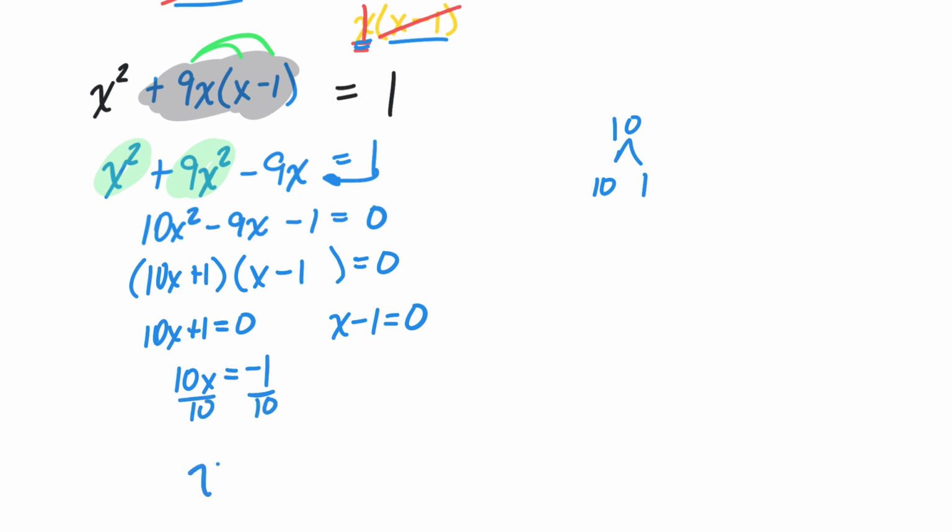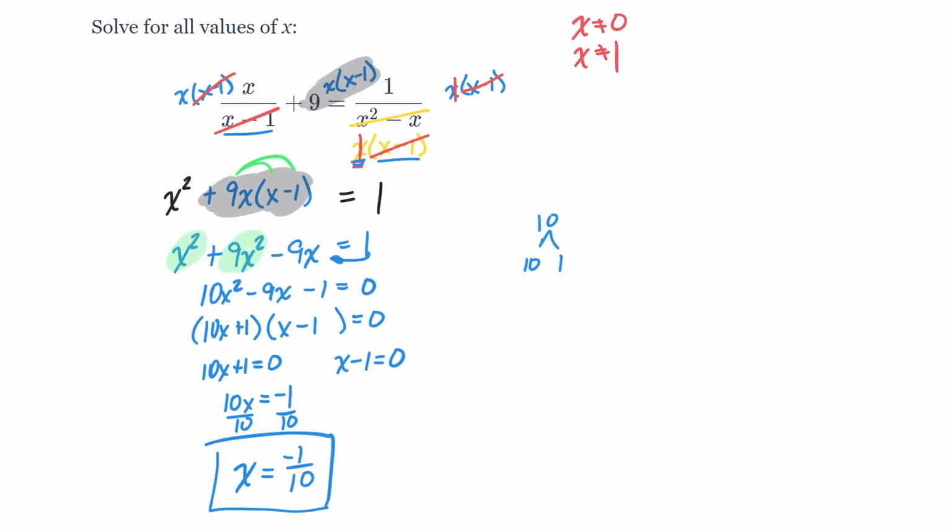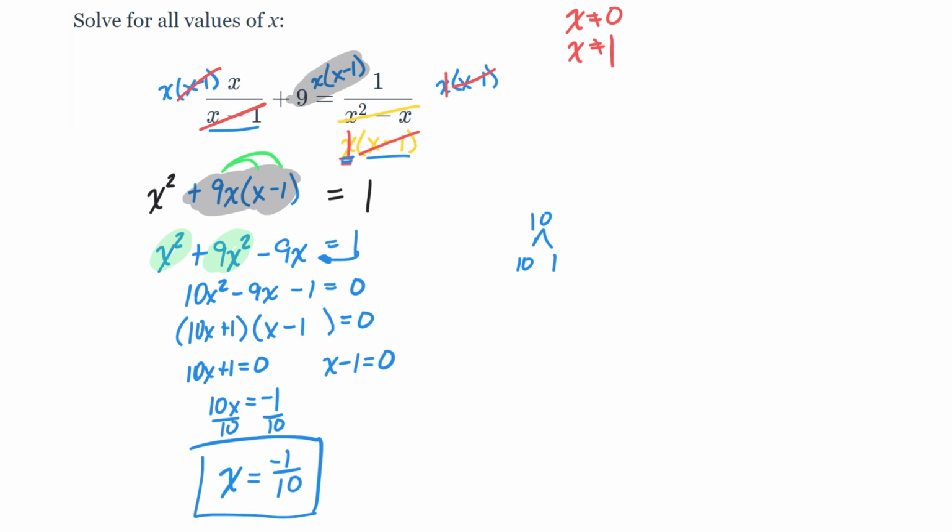So one of my solutions is x equal to negative 1 over 10. That was not in our excluded values that we had up there earlier. So we would have to put that in to see if it works. But really, whatever we graph, if we see it touching, then it's a solution.